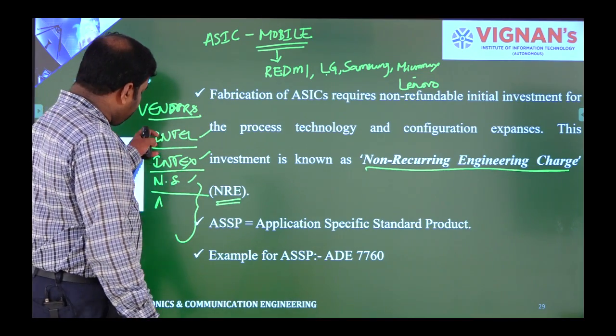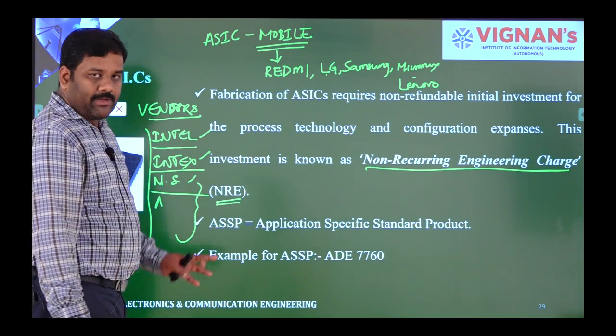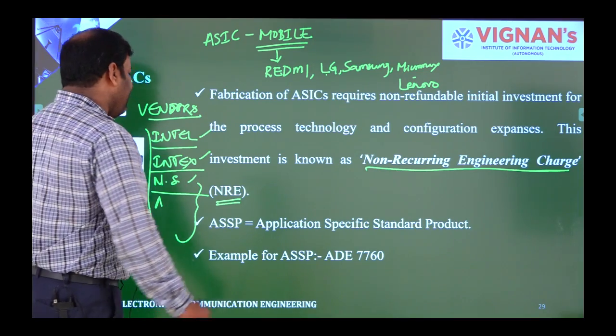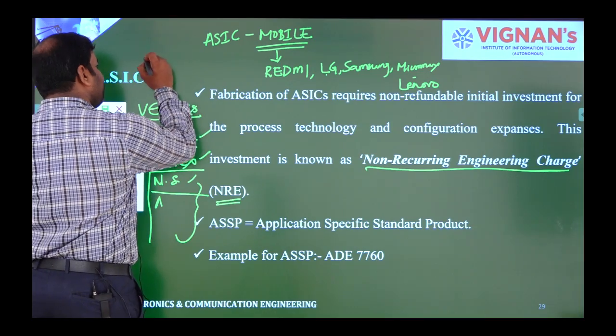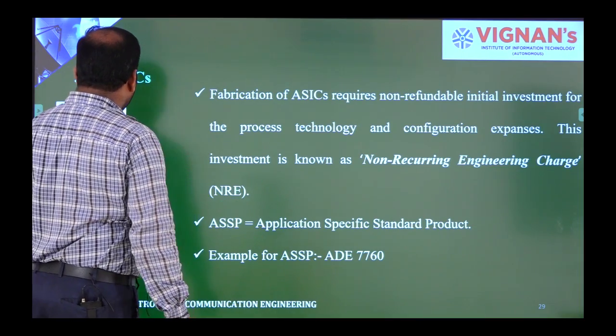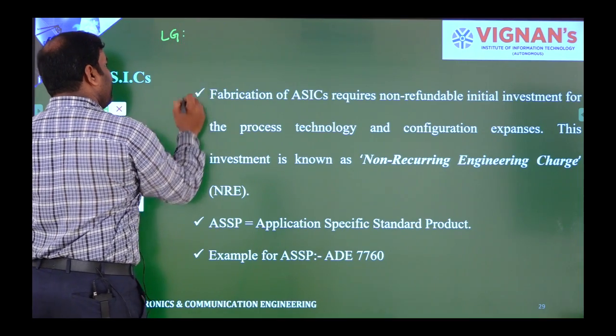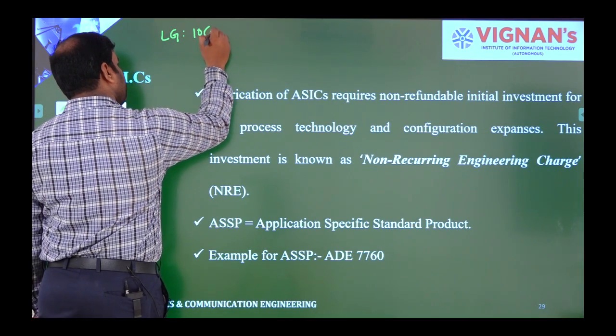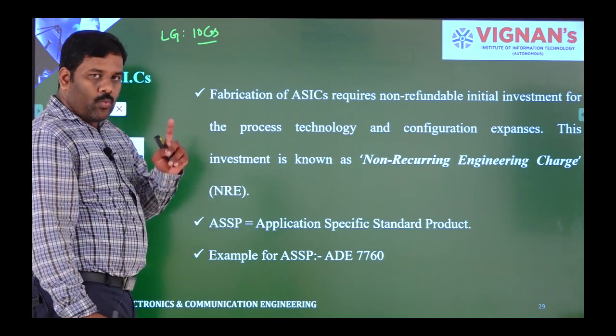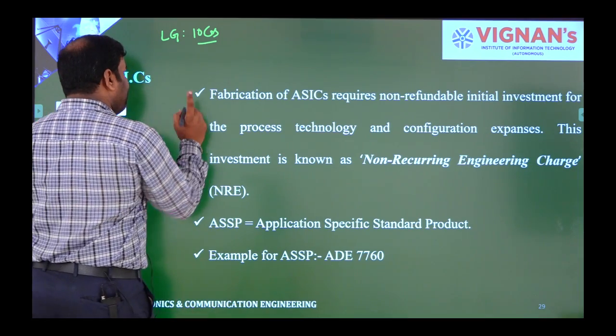So these people will manufacture the mobile. From the manufacturing cost, for example, I have given LG around 10 crores to manufacture one mobile, only one piece of mobile.